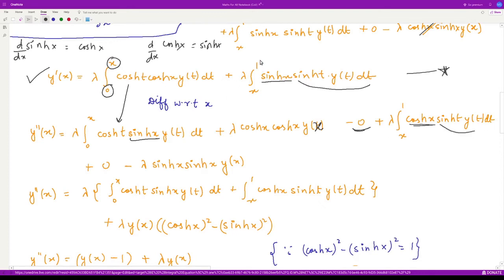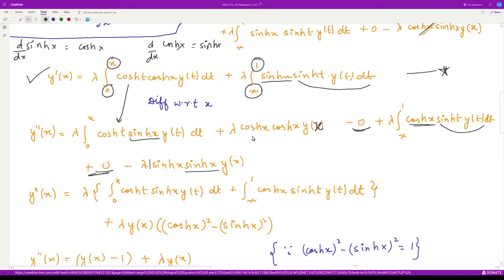Plus the derivative of this upper term with respect to x, being constant, it is 0, so the whole term becomes 0, and then minus the derivative of this x with respect to x, that is 1. So lambda as such, the derivative of this term as such, that is 1, and then replacing t with the lower limit, so sine hyperbolic x as such, and in place of sine hyperbolic t we write sine hyperbolic x, and in place of y of t we write y of x, right?